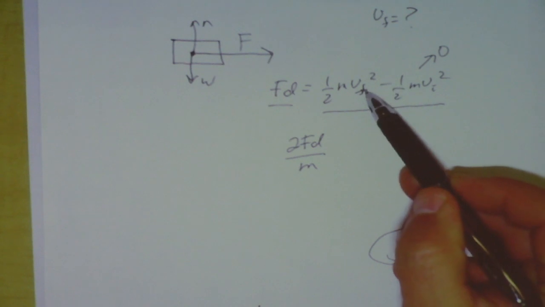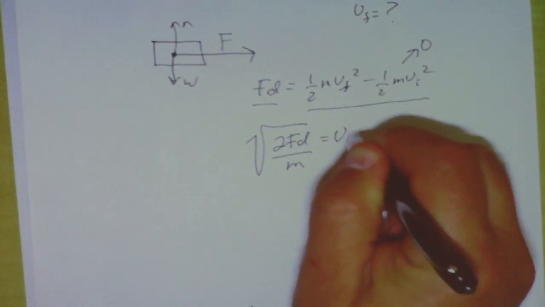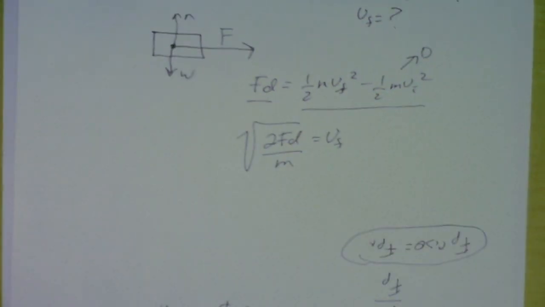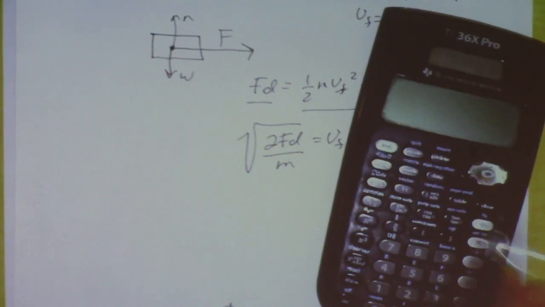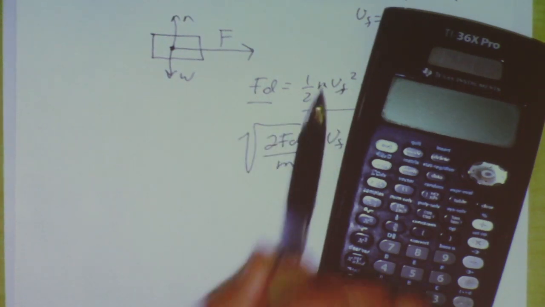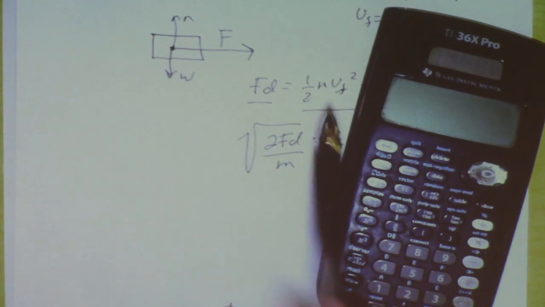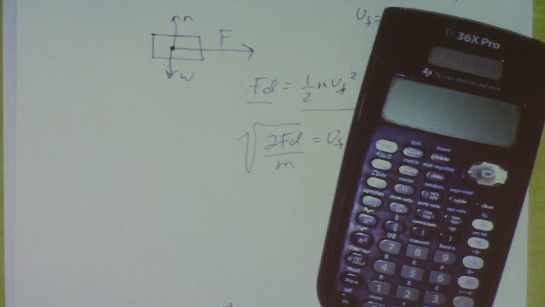That's equal to the final speed squared. Then we'll have to take the square root.